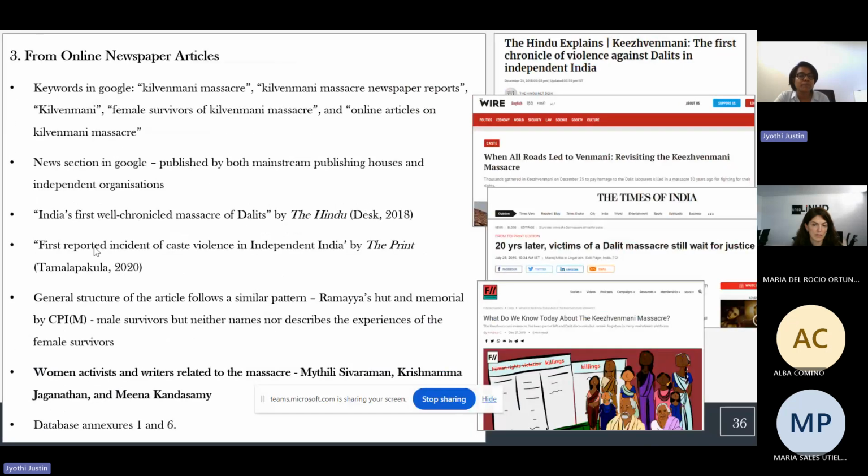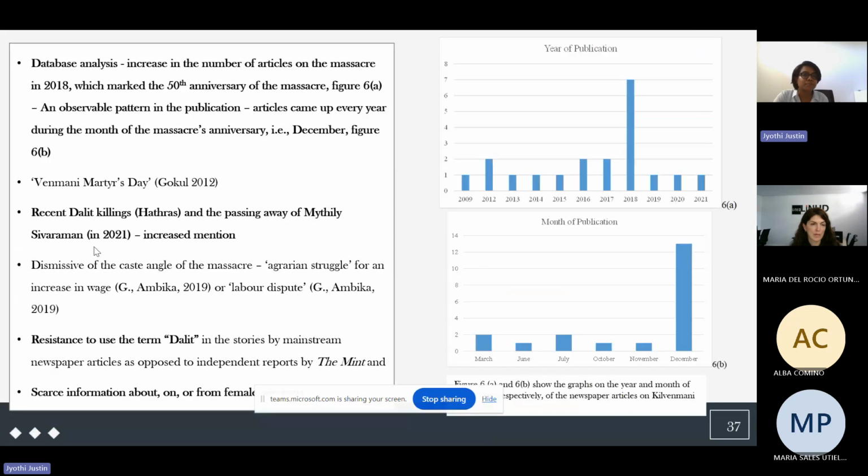And from the online newspaper reports also, we were unable to get the names or actual identity of the female survivors or their location. But there is mention of the women activists and writers related to the massacre who took initiative in land redistribution and also in their efforts to rehabilitate the survivors of the massacre.